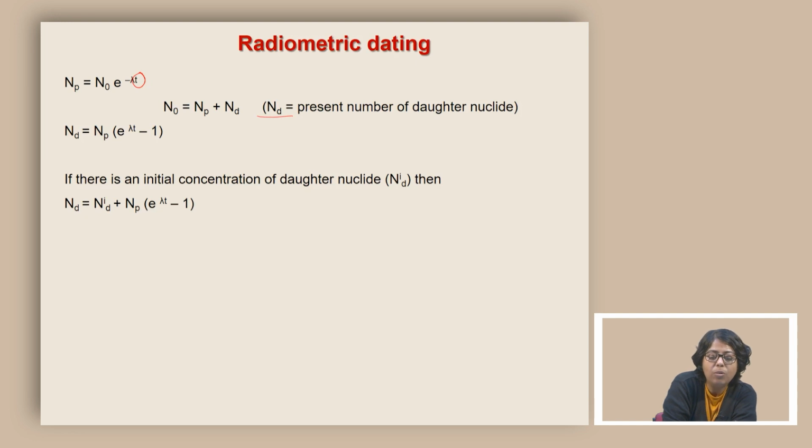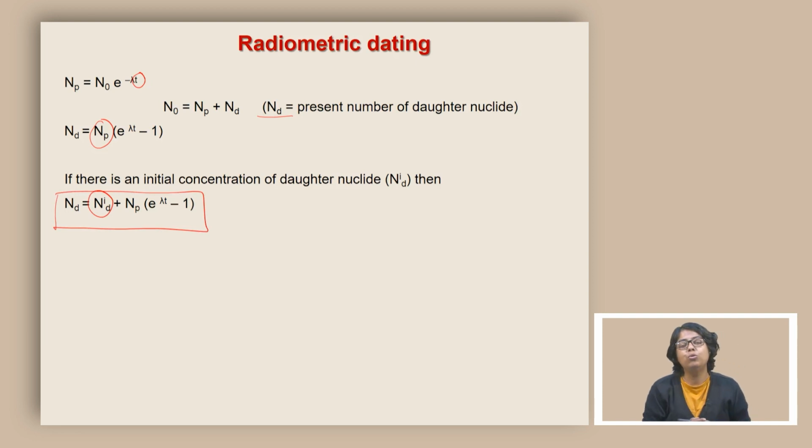So, N0 equals the parent nuclide plus the daughter nuclide, and therefore the daughter nuclide can be represented as the parent nuclide times e to the power lambda t minus 1. If there is an initial concentration of the daughter nuclide, then the form takes this shape. So, basically we have to solve it.